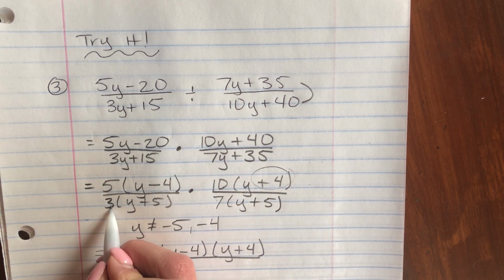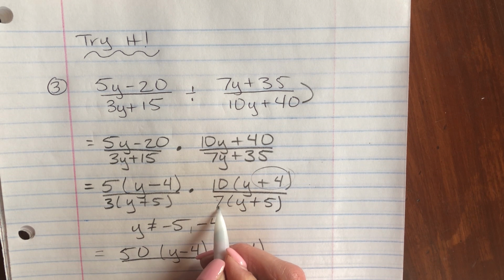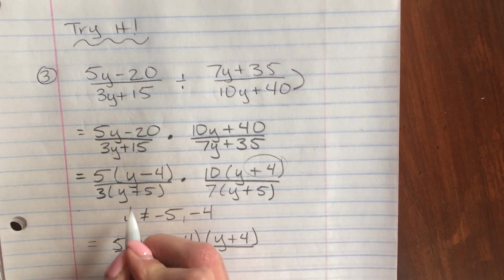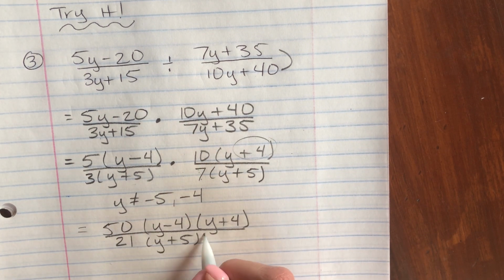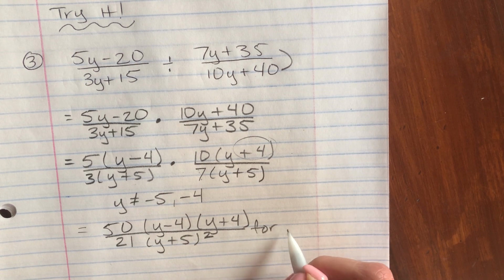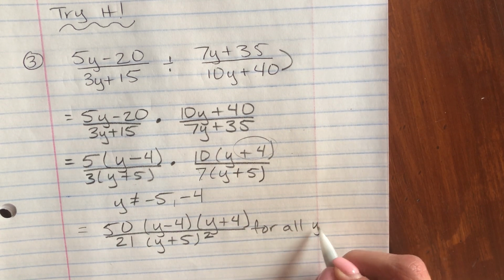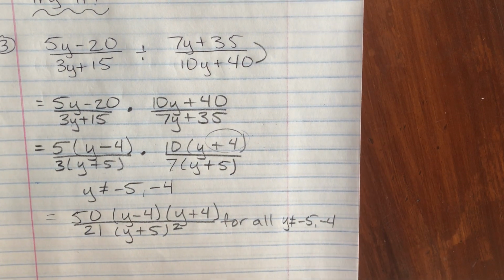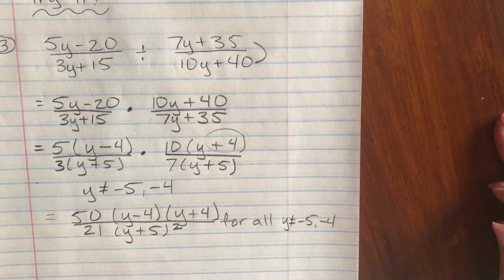And then 3 times 7 is 21. Then I have 2 of these y plus 5s, so I'll just do a squared there. Stick on the domain to the end, and there is your answer.